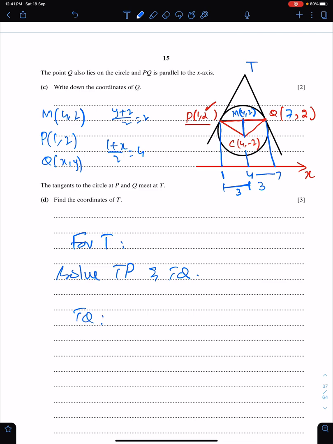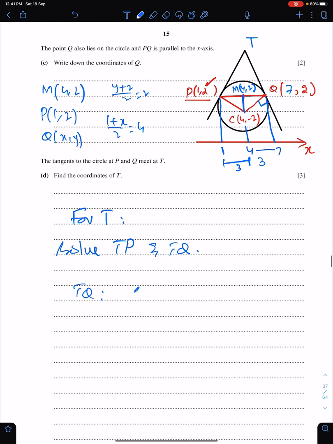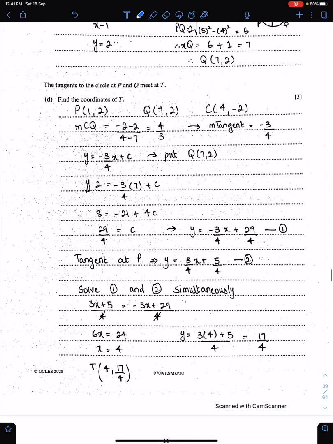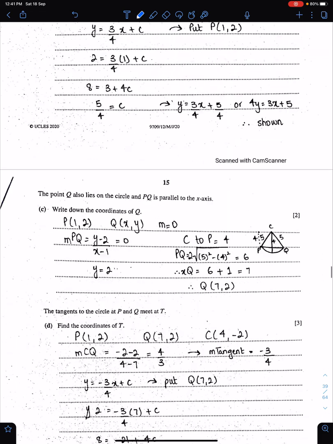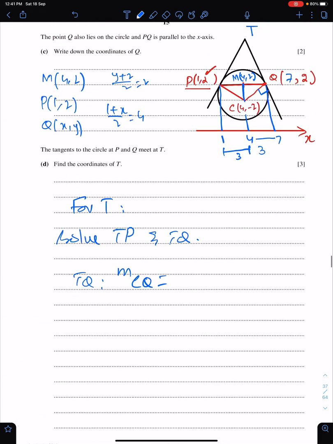First we need the equation of TQ. For that we need to find the gradient of this line CQ. So gradient of CQ is 4 upon 3. So gradient of TQ must be minus 3 upon 4.